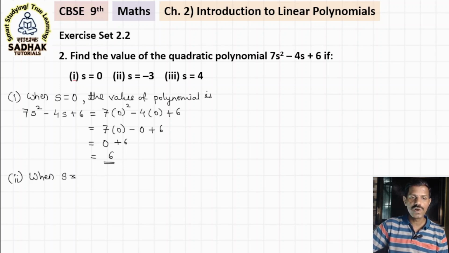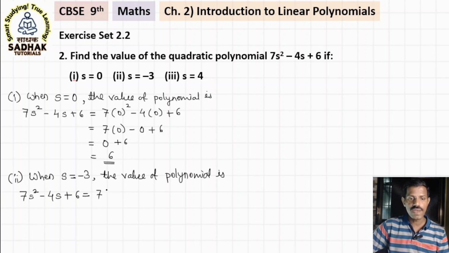When s is equal to minus 3, the value of the polynomial, let us write the polynomial first, 7s square minus 4s plus 6. So now s is equal to minus 3.